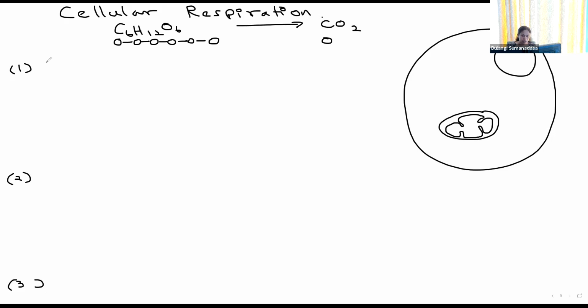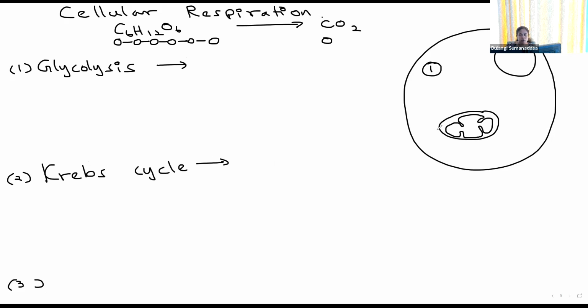Right, so the first stage is the glycolysis. Write down the location. Second one is the Krebs cycle. Write down the location. Last one is the electron transport chain, or the system, write down the location.